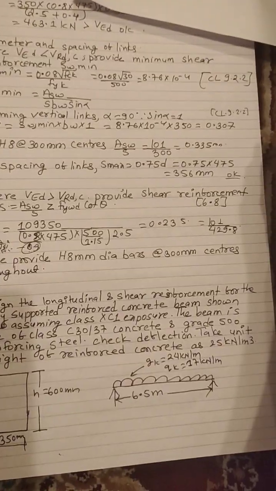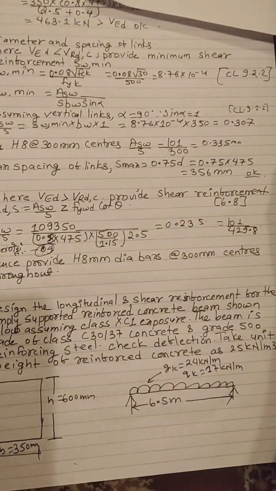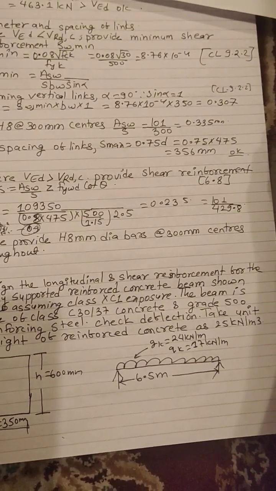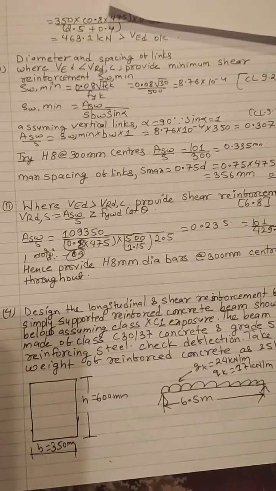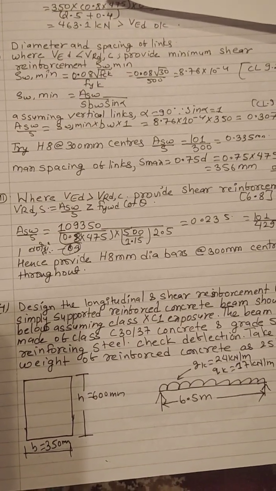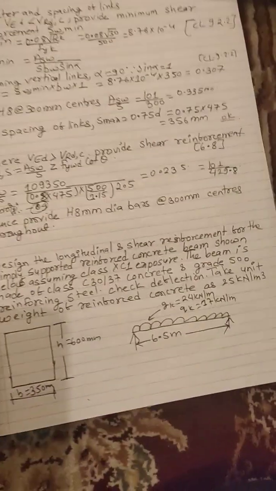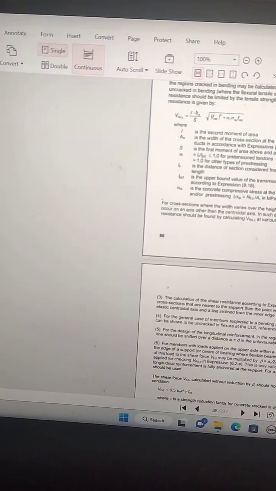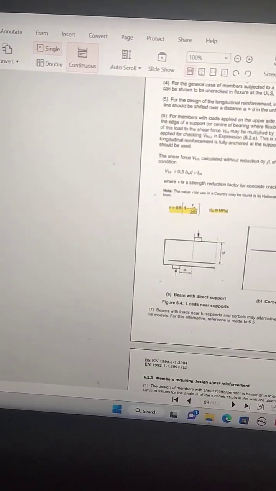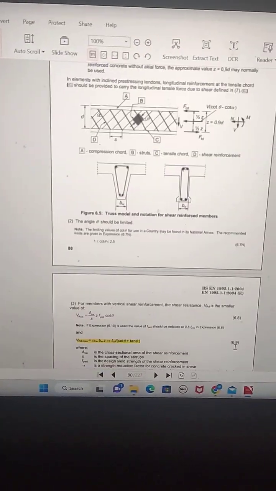Let's see this one, ESW over sin theta, 1 plus cos theta SW, 6.8. I will show you in here, 6.8. Yeah, we have the 6.8.